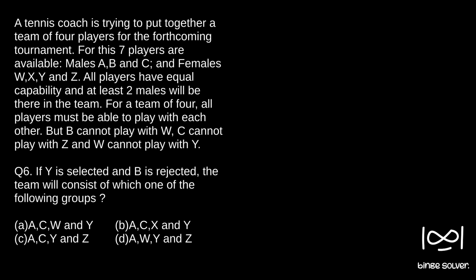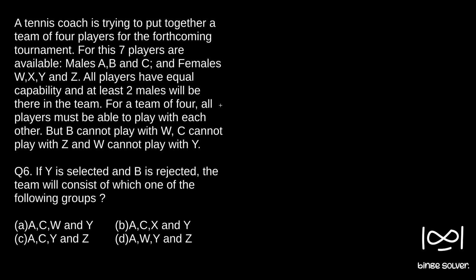Question 6. So it's a long question. A tennis coach is trying to put together a team of 4 players for the forthcoming tournament. For this, 7 players are available. Males A, B, and C, and females W, X, Y, and Z. All players have equal capability, and at least 2 males will be there in the team.